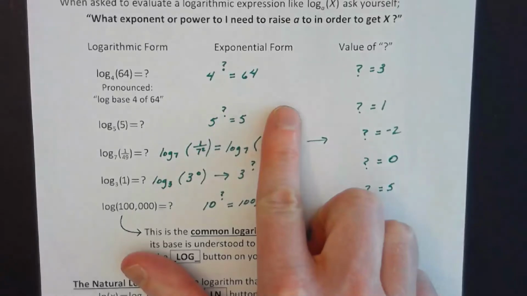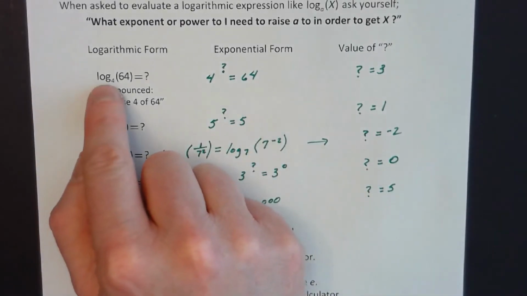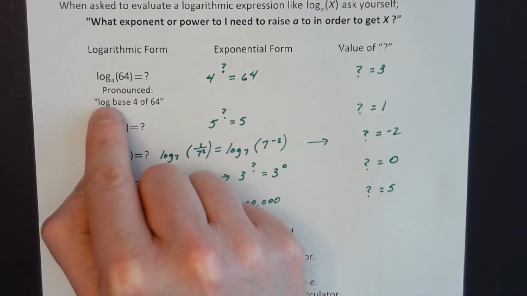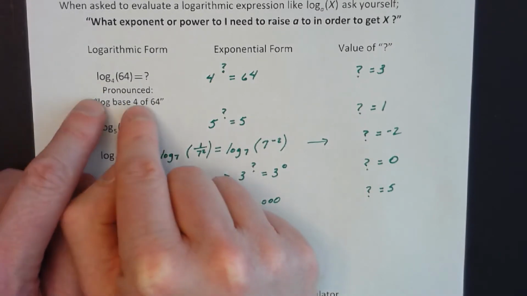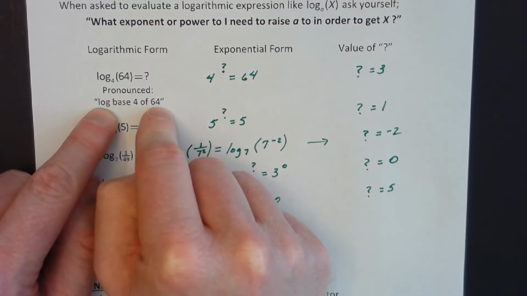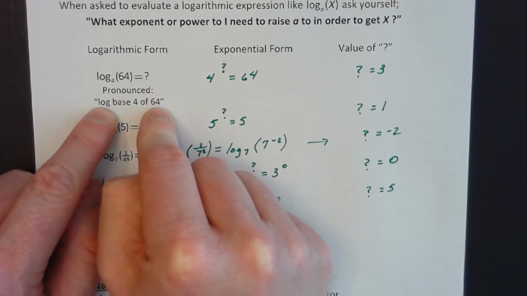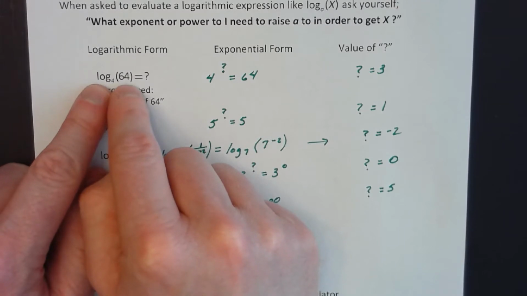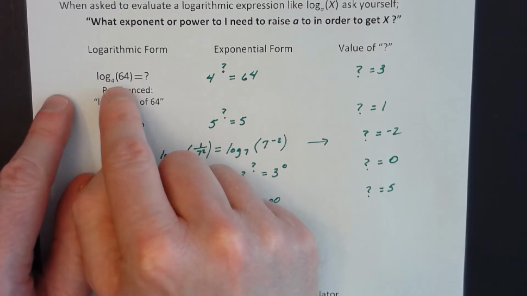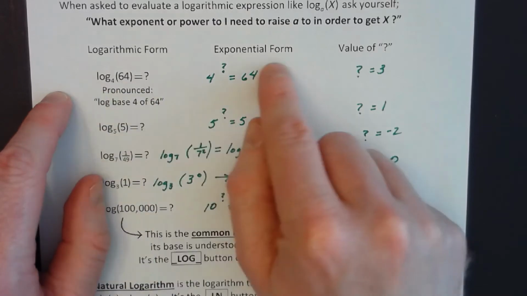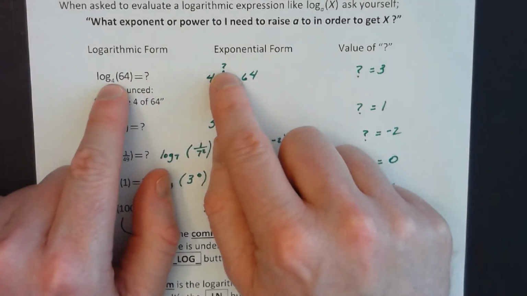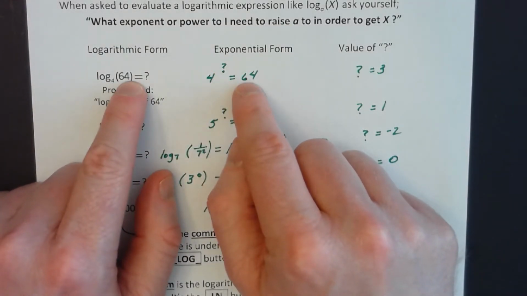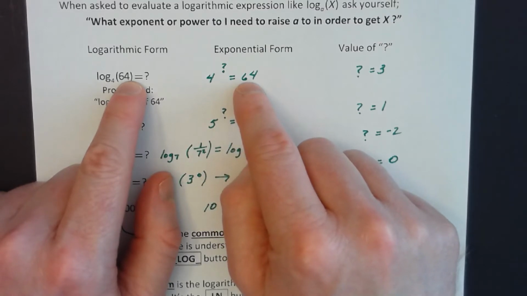So if I give you something like log base 4 of 64, notice I wrote down here how you read that expression, log base 4 of 64. Well, what is the log base 4 of 64? It is literally asking you, what power do I need to raise 4 to get to 64? Well, I know 4 times 4 is 16. 16 times 4 is 64.